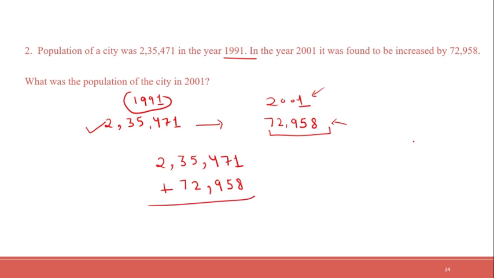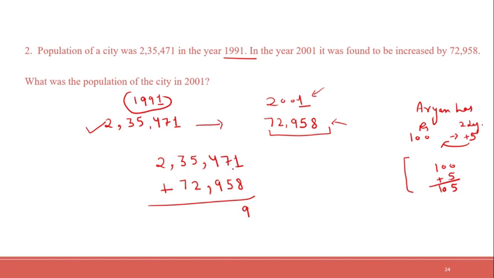Because if someone says that Aryan has 100 rupees and 2 days later Aryan added 5 more rupees, so total rupees will be 100 plus 5, that is 105. This is the concept I am using here. So just add it.